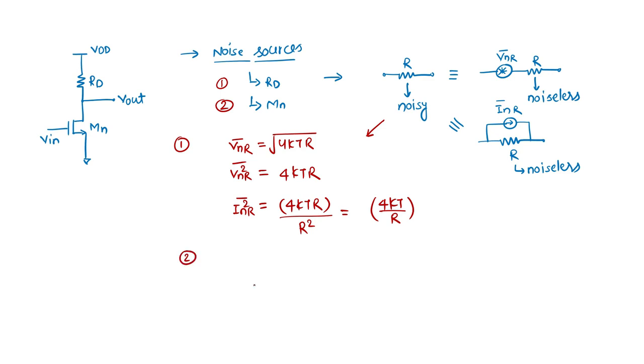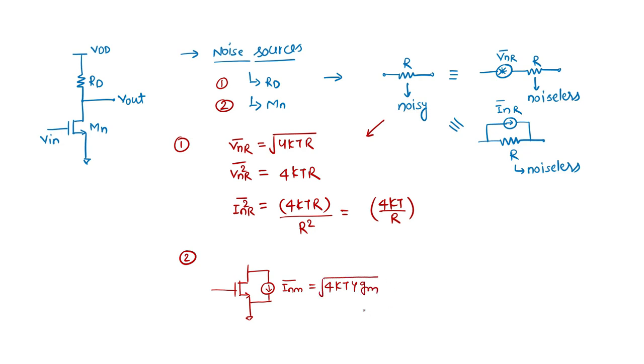So for the Mn, any transistor, we can model the noise as a current. Okay, so this is my transistor. I can model a current noise like this. So this is your INM. It is nothing but the root of 4kT gamma gm of the transistor.